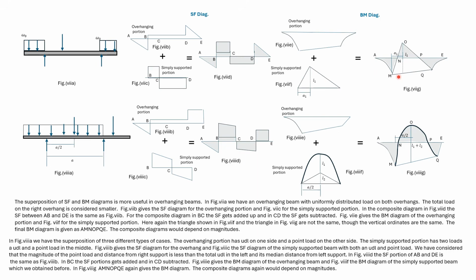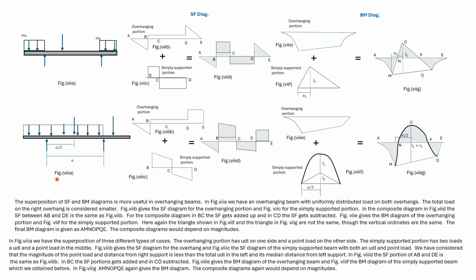That is why we have a positive portion and a negative portion in the bending moment diagram. If L1 is small, then the whole diagram can be in the negative region. The bending moment is given by AMNOPQE. That is the shaded portion.